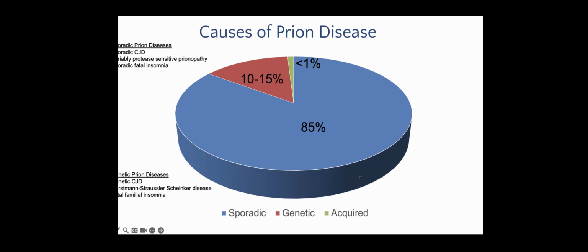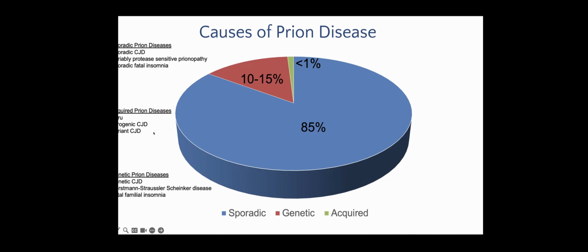And then thankfully, under 1% of all prion diseases are the acquired forms, sometimes referred to as the infectious causes. That includes things like Kuru, which was a prion disease transmitted through ritualistic cannibalism in Papua New Guinea; iatrogenic or medically transmitted CJD, usually through the reuse of brain matter from a cadaver who had passed of CJD and reused in a healthy individual, or sometimes instruments used for neurosurgery in someone who had prion disease that were then used in a healthy person.